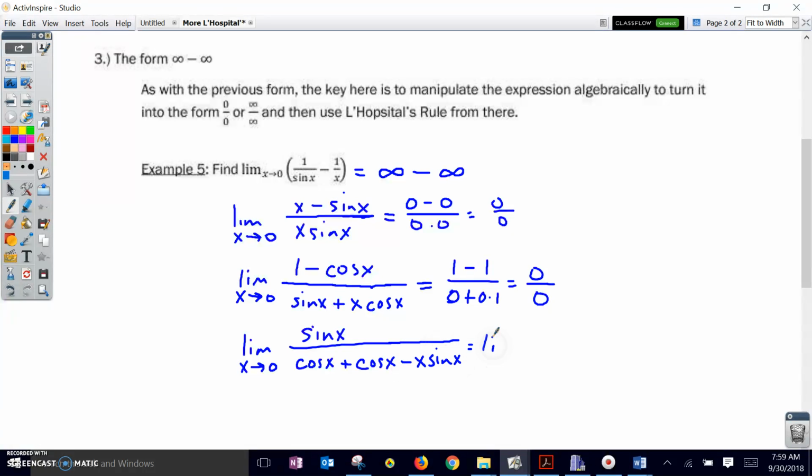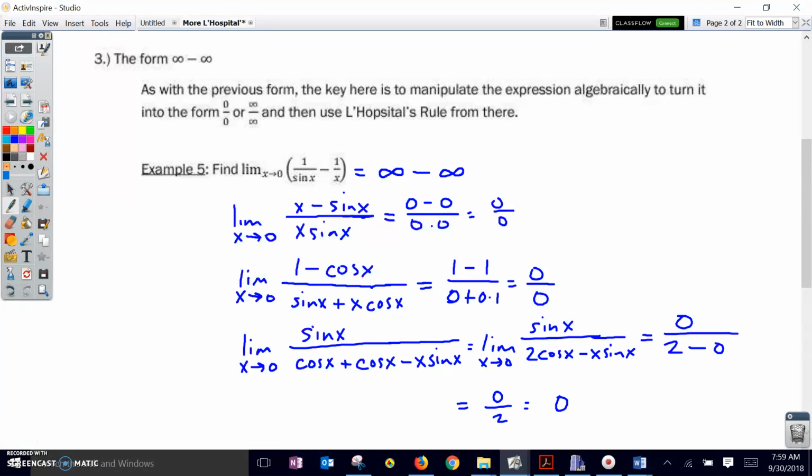And so this simplifies to the limit as x goes to 0 of sine of x over 2 cosine of x minus x sine of x. And if I evaluate this as x goes to 0, I've got 0 over 2 minus 0, and so 0 over 2, and so this limit ends up being 0. Alright, let's go on to example 6.